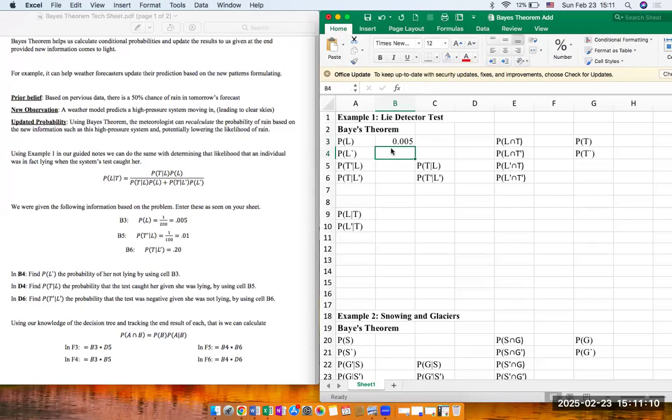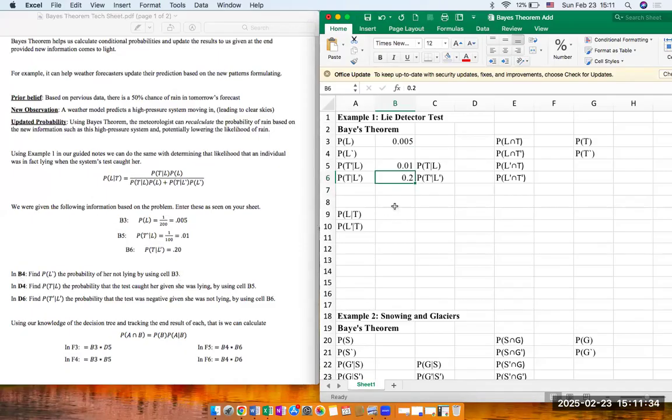Again, in B5 down here, where it says the test does not think you're lying, so you've passed even though you are. This is where they missed us; we got away. Then in B6, the test still thinks we're lying even though we're not. That is a 20% chance, so this is the worst case scenario.